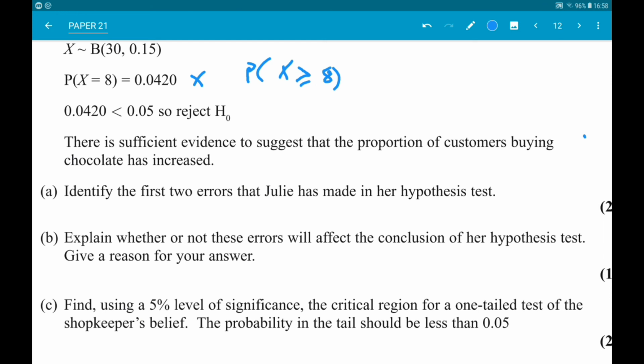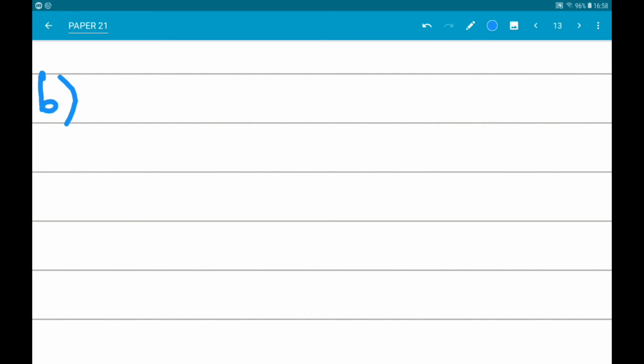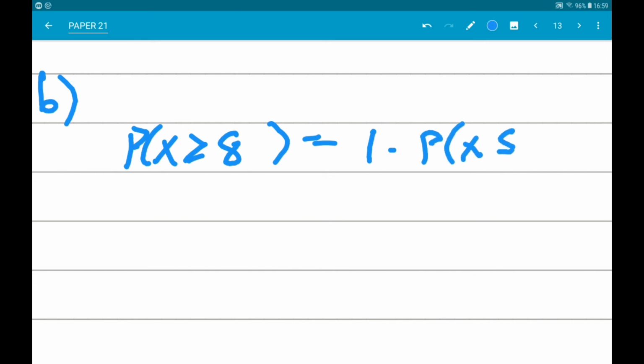So, if we find the probability x is greater than or equal to 8, so that's 1 minus the probability x is less than or equal to 7, we get 1 minus 0.93, which is 0.07.